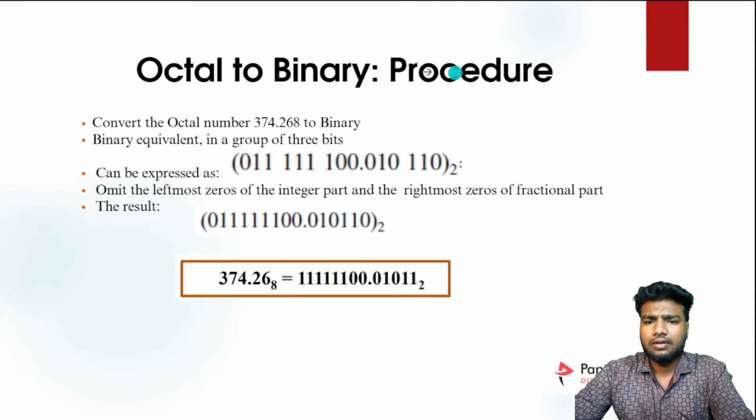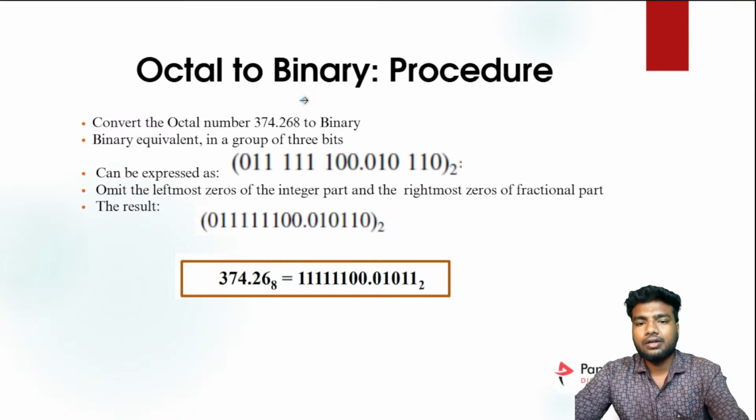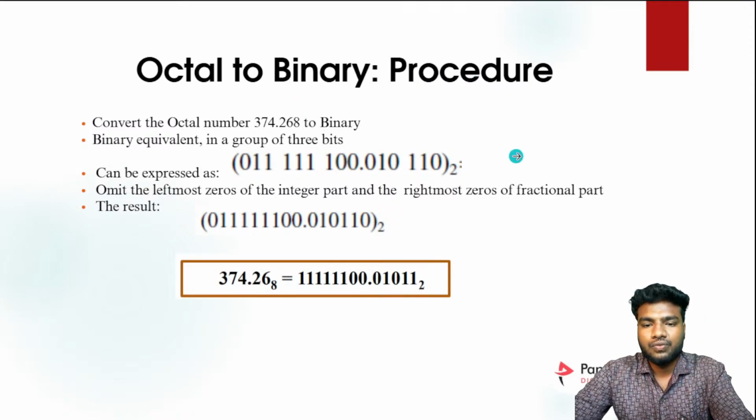And then this is the octal to binary conversion. Octal to binary conversion means we have the octal value. This is my octal value 374, and I have to convert it into binary. For that you just need to convert each octal digit into binary.